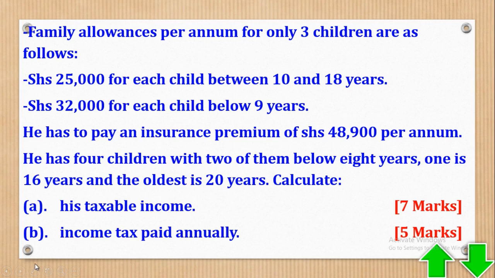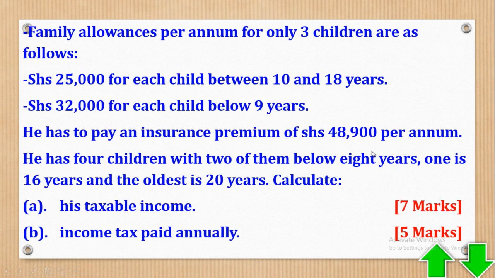So if you look at the allowances, we have shillings 25,000 for each child between 10 and 18. His child of 16 years will be given an allowance of 25,000 shillings. The one who is 20 does not qualify for any allowance because he is outside these 2 age brackets.